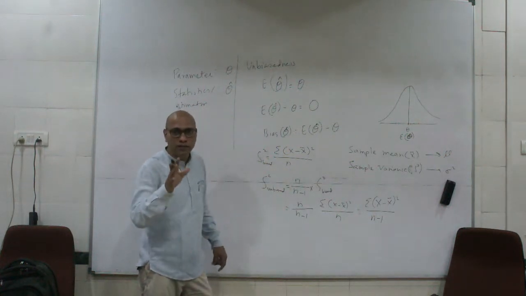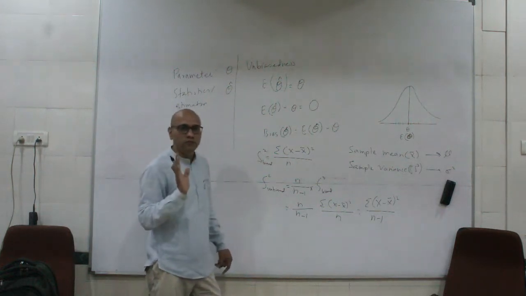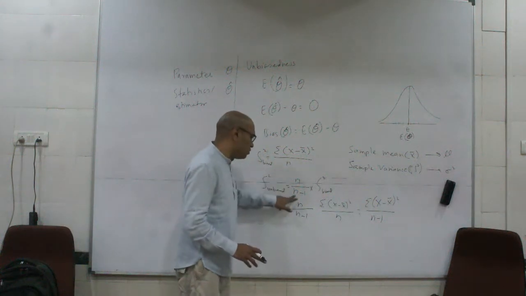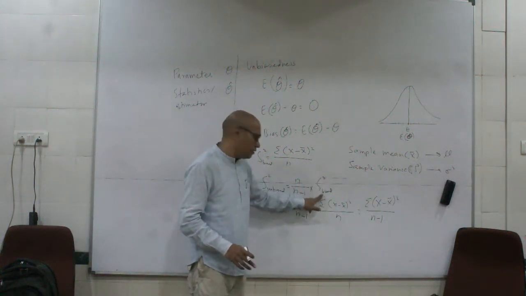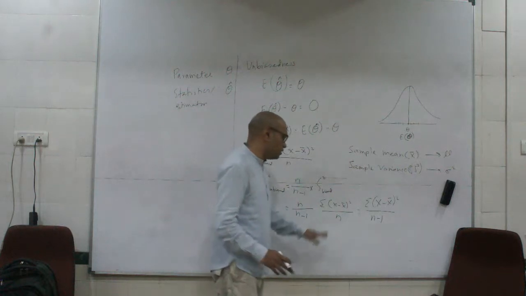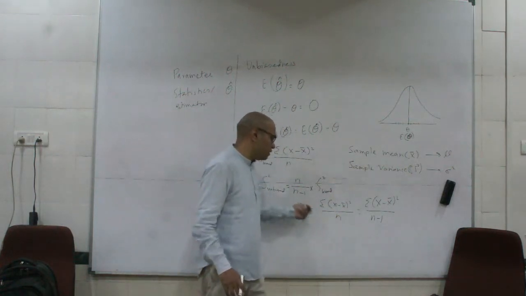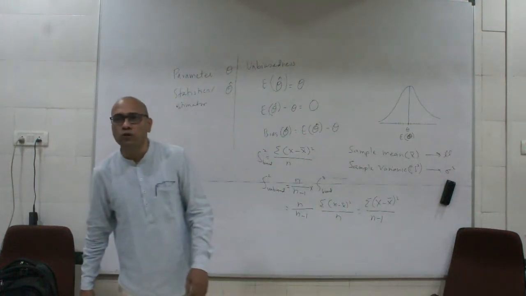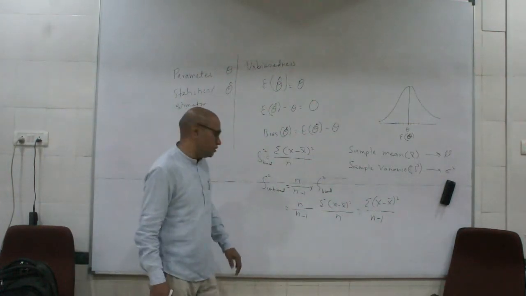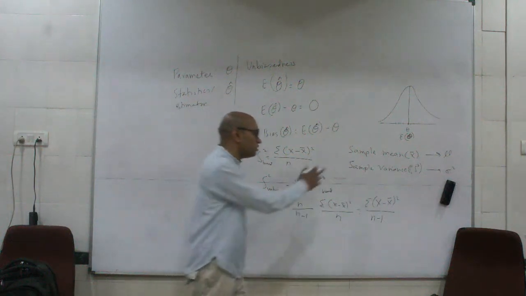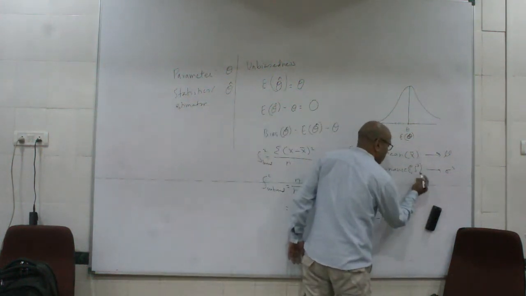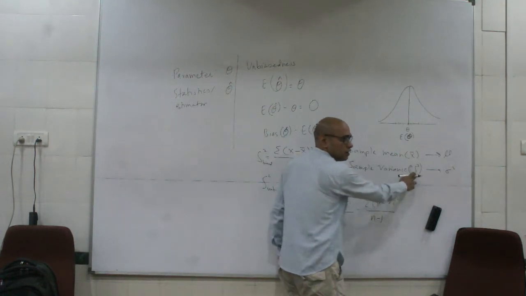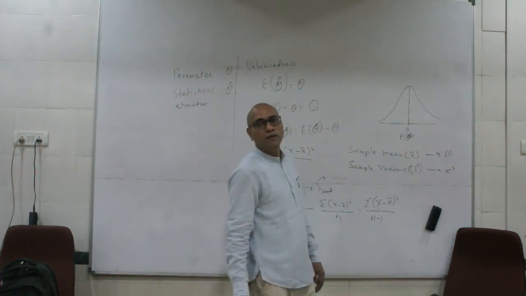How do I convert this biased estimator into an unbiased estimator? It's known, which I am not working through, that it is n upon n minus 1 multiplied by S square bias, which means n upon n minus 1 into the variance. These two n would get cancelled, and summation x minus x bar bracket square upon n minus 1 would be the unbiased estimator of the variance. So if this is to be unbiased, I have to take the denominator as n minus 1.